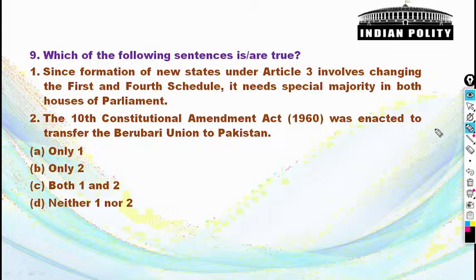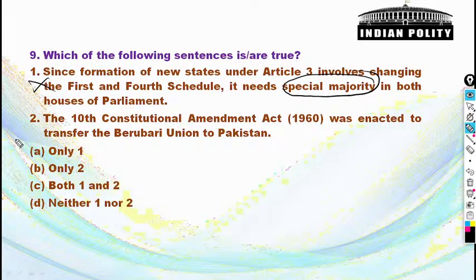When a new state is formed, the first schedule is amended and the name of the state is included in it, and in the fourth schedule, the seats allocated to the state in Rajya Sabha are mentioned. So both schedules are changed, no doubt. But it is done by simple majority, not by special majority. So the words special majority make this statement wrong.